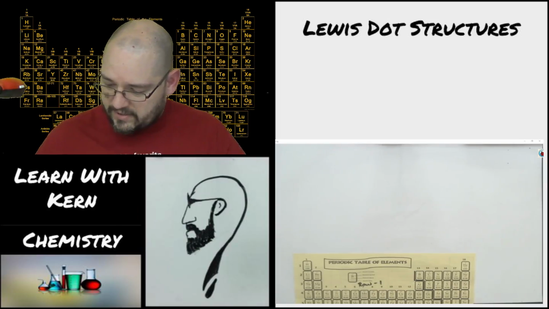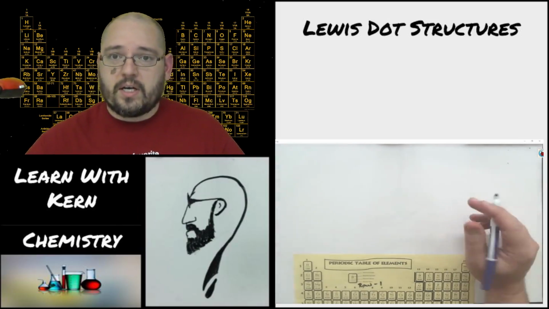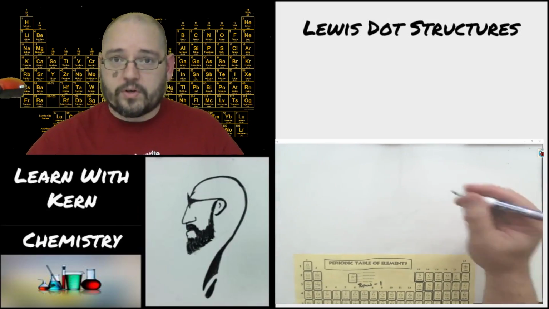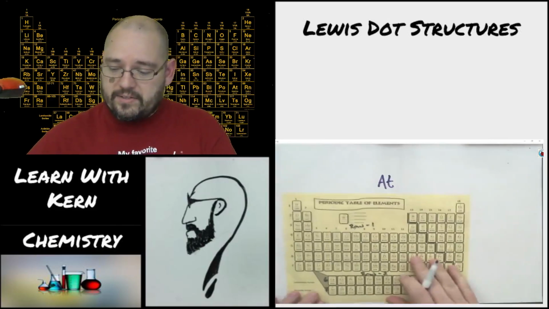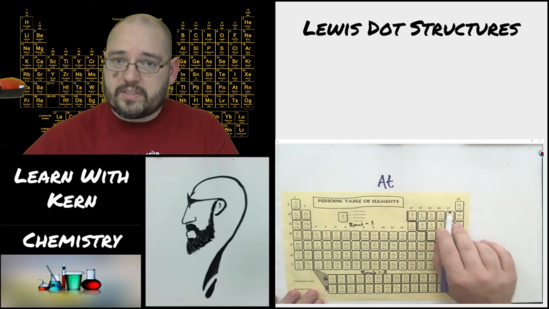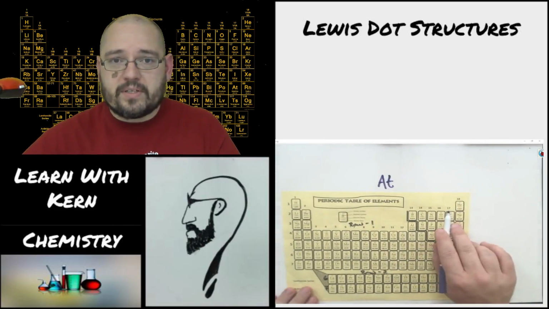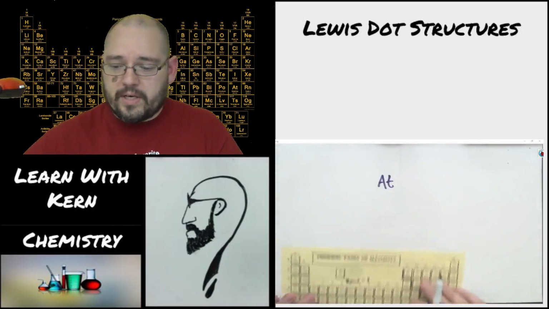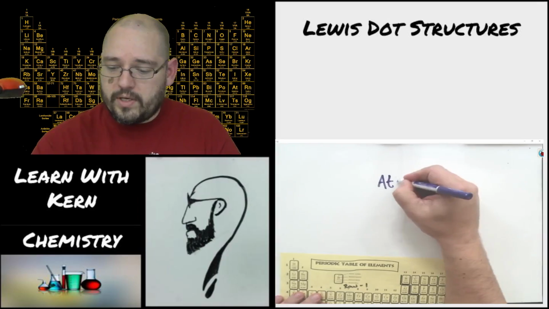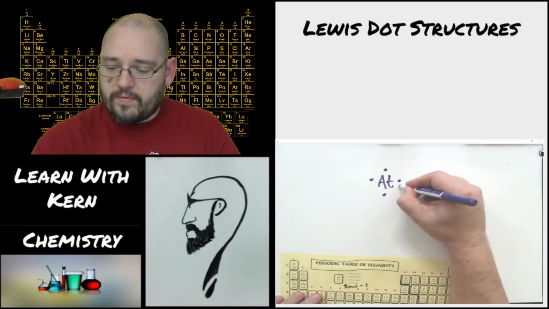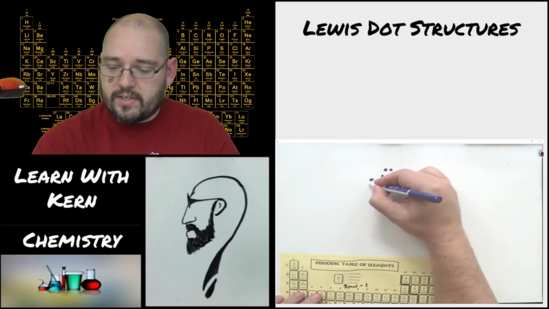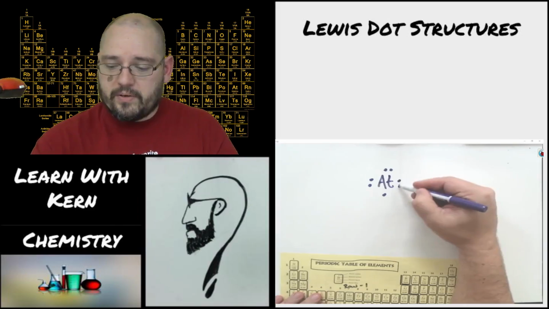Let's do astatine, which we did the noble gas configuration for earlier. So let's do astatine. It's At, and astatine is here in group 17. So it has 7 valence electrons. Okay, so I'm going to start here. I'm going to do 1, 2, 3, 4, 5, 6, 7. Now notice I paired them up.